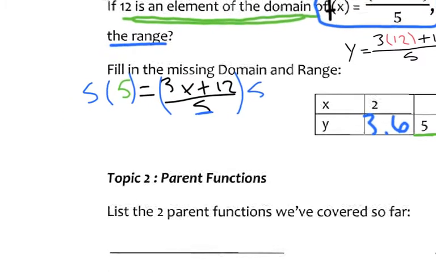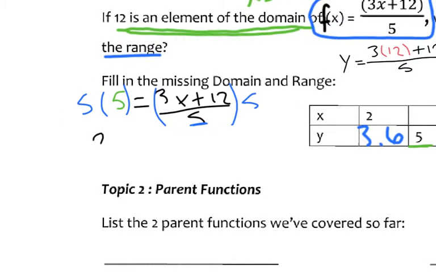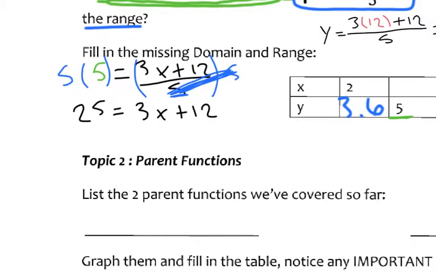So I get 25 equals 3x plus 12, because this got rid of that. These canceled out. Now, I have to subtract 12 so I could continue solving for x.